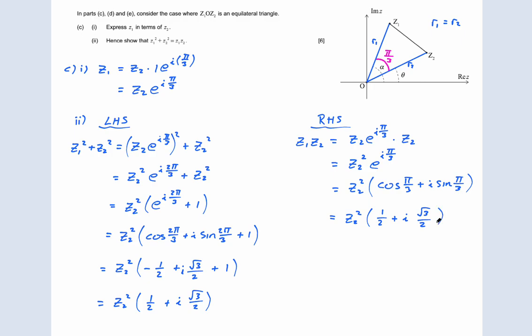Now note, this is equal to this. They're the same thing. So left hand side equals right hand side, QED. I've shown what they wanted me to show.